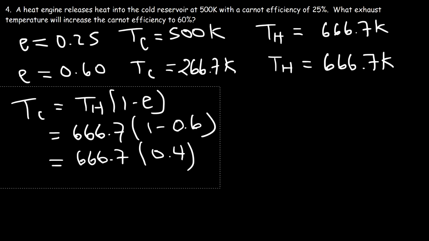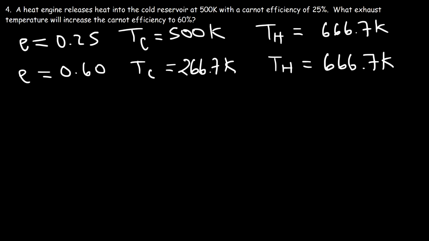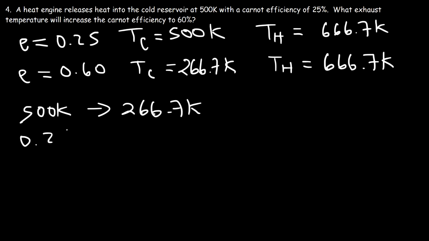So now let's talk about what's going on here. As the temperature of the cold reservoir decreases from 500 Kelvin to 266.7 Kelvin, the efficiency increases, from 0.25 to 0.60. So this means that if we decrease the temperature of the cold reservoir, the efficiency increases, an increase from 25% to 60%.